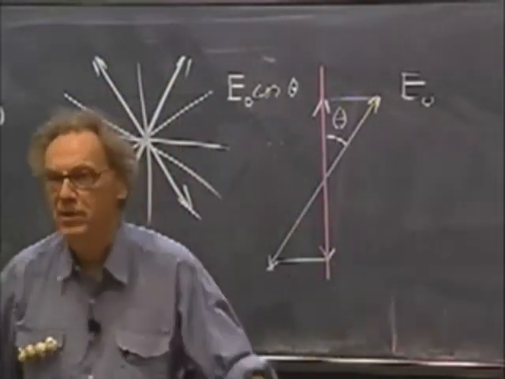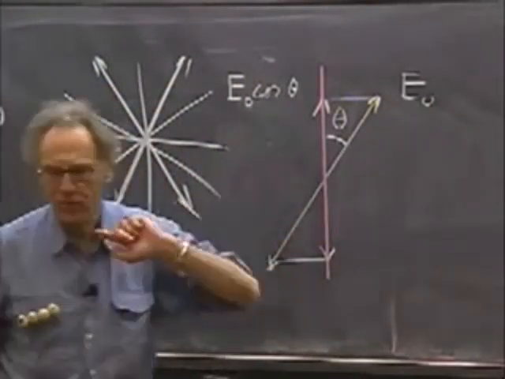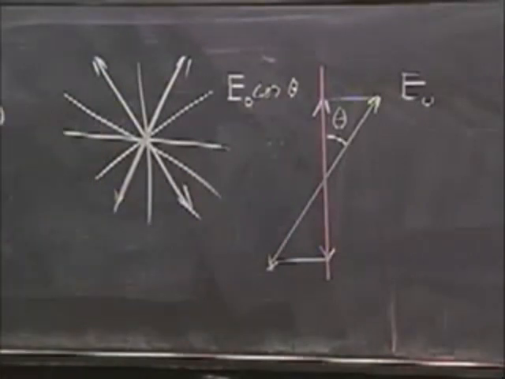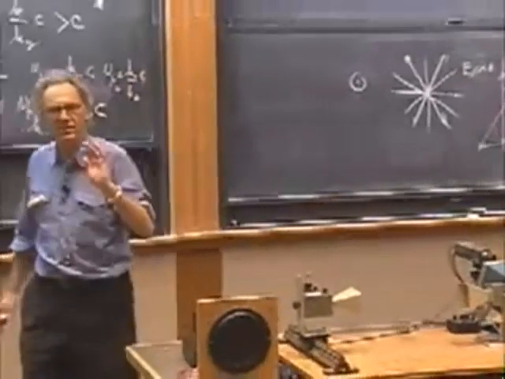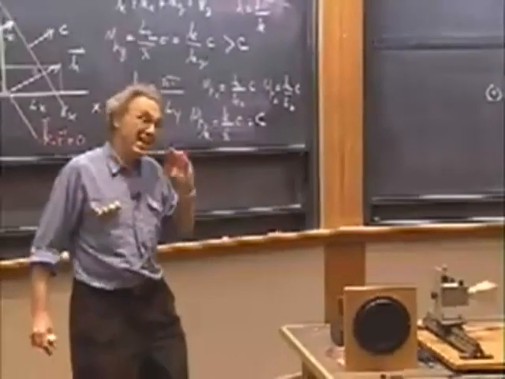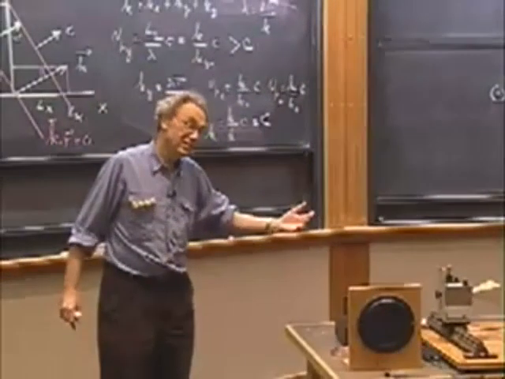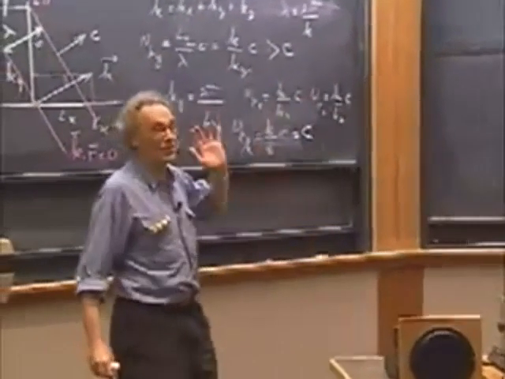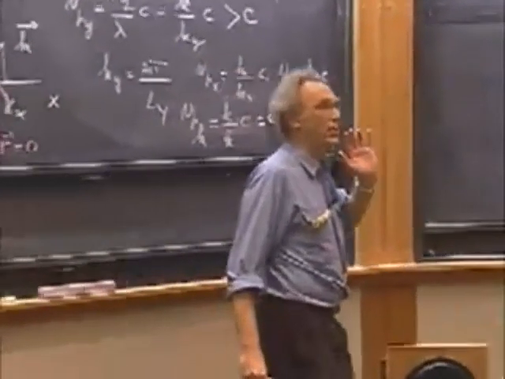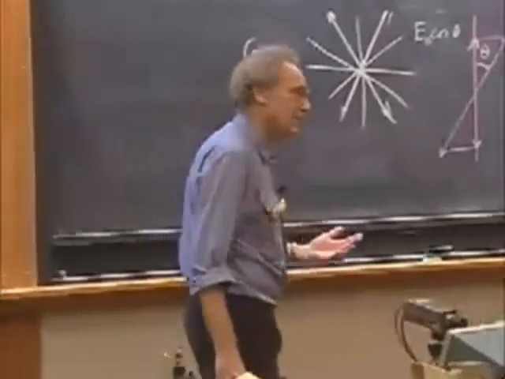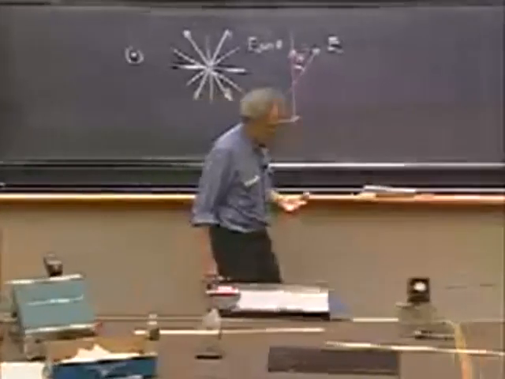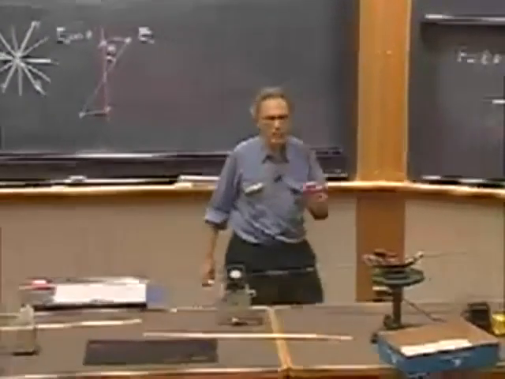Now comes the question, if there is a reduction of the cosine of theta in the E field, what is the reduction in light intensity? Well, light intensity means energy. And energy is always proportional with the square of the amplitude. If that doesn't convince you, next Tuesday we will talk about the pointing vector.